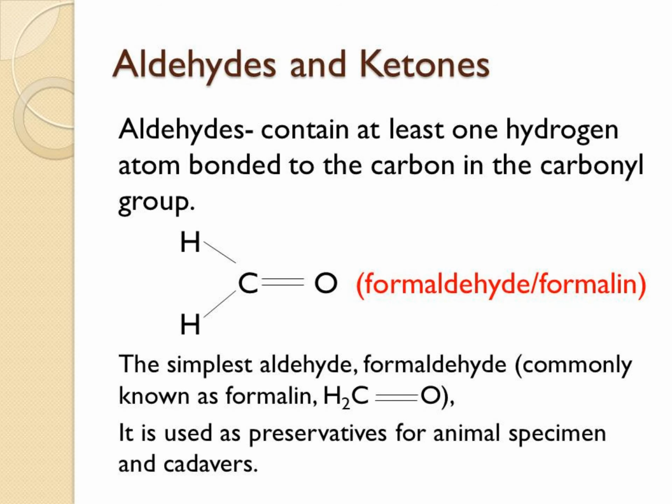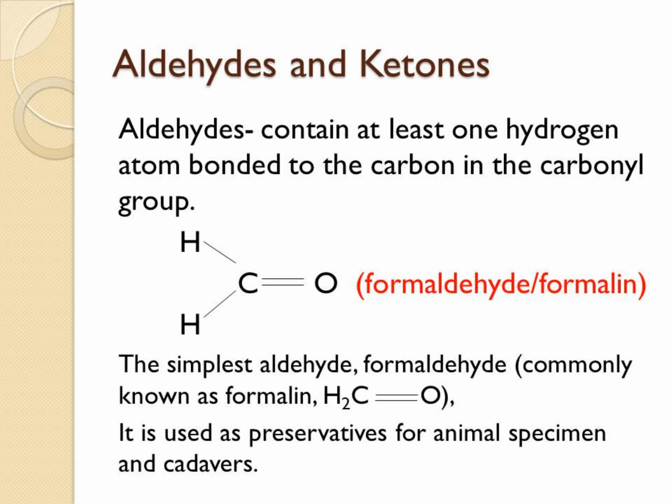Now, let us proceed to aldehydes and ketones. Aldehydes contain at least 1 hydrogen atom bonded to the carbon in the carbonyl group. Let's take a look at the structural formula of an aldehyde.